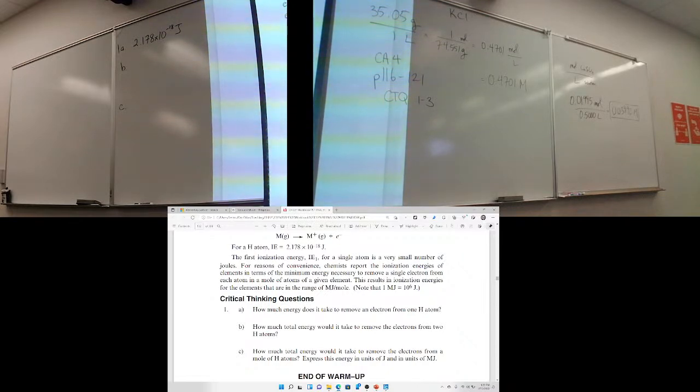Would it be doubling this energy? Exactly, yeah. So you need 2 of them to ionize 2 different atoms, so you can double the energy. Yeah. So this first one was the ionization energy, and for question 2 we just double it? Yeah, that's it. The third question is the interesting one.